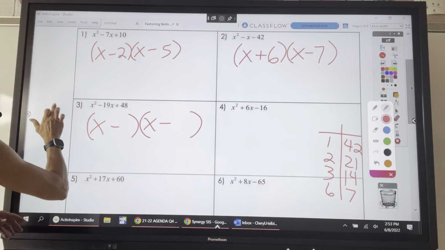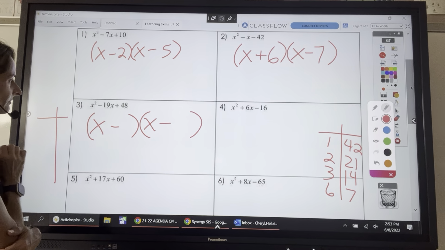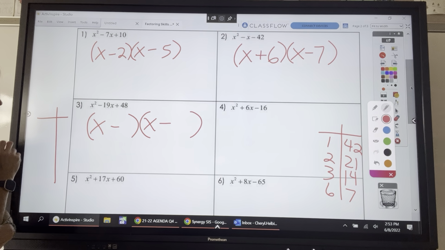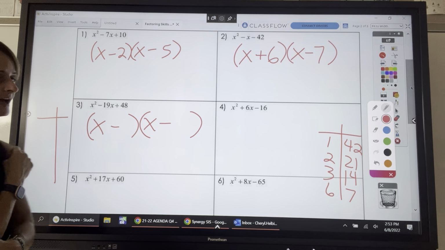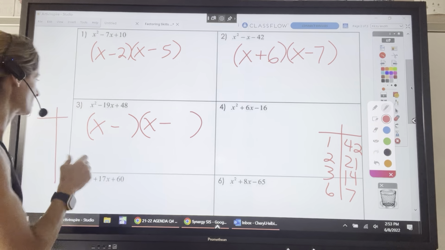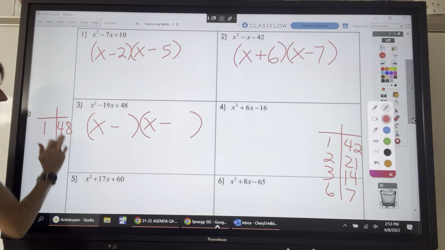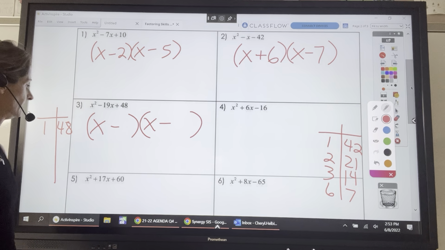Now, what two numbers, when I multiply, I get 48, but when I add, I get 19? Let's start. 1 and 48 definitely can't be it. Those are too big of numbers.